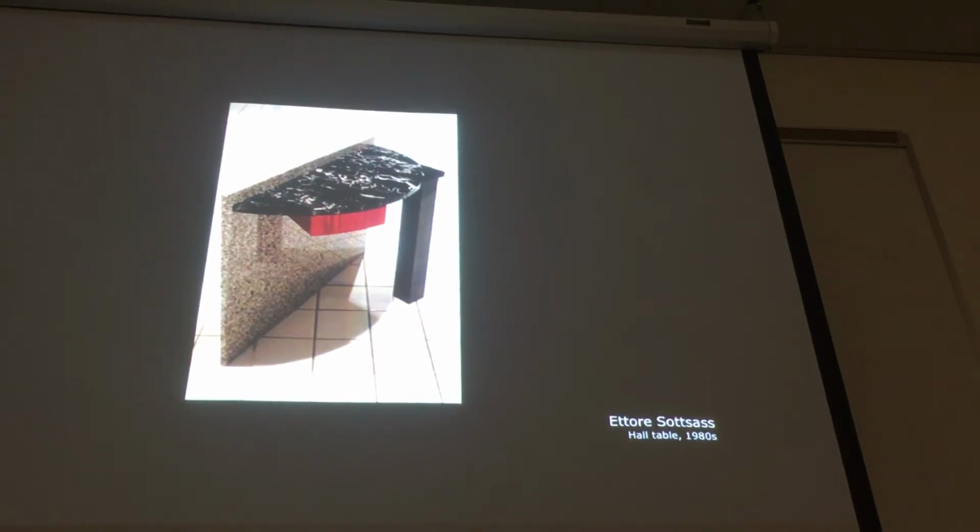So Ettore Sottsass said, okay, I'm just going to take the formica that's available that looks like marble, and I'm going to cover it over top of this plywood, and it's going to look really, really rich. It's going to look really fanciful and elite, but it's really just plastic.